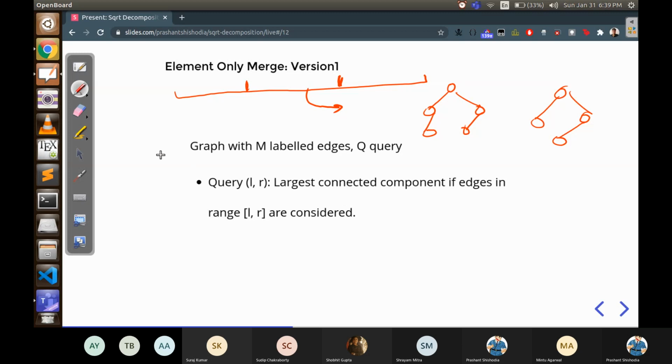I'll check if it's solvable with Mo's algorithm, but I don't think it's solvable with Mo's. It's actually not, because the order can vary. You'll have to remove elements too, right? Because in Mo's algorithm you can add an element here, but you may have to remove an element from here too. I'll come to that later.